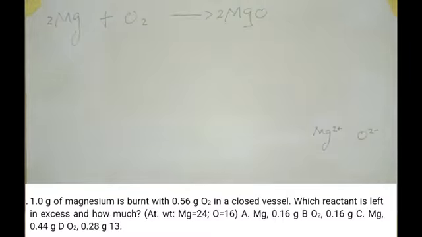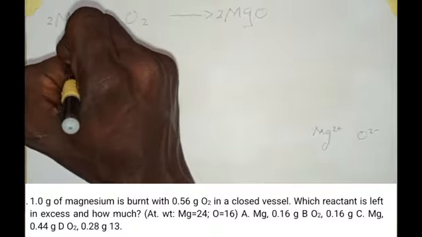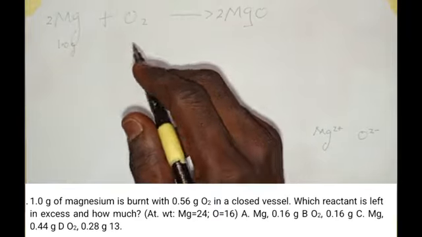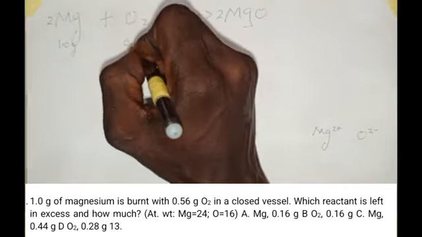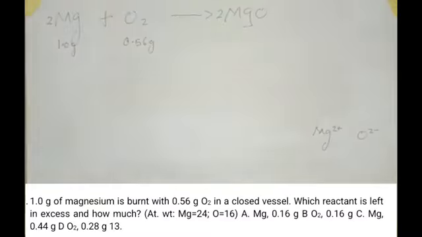Now, let's solve the problem. We are given 1 gram of magnesium. So we have 1.0 grams of magnesium, and we are given 0.56 grams of oxygen. We have to figure out the limiting reagent.